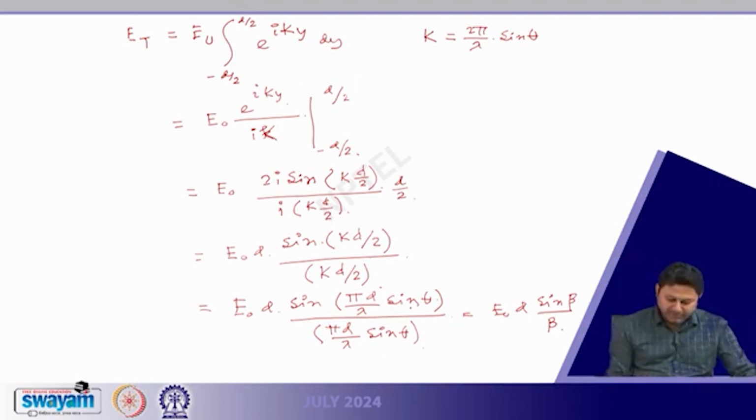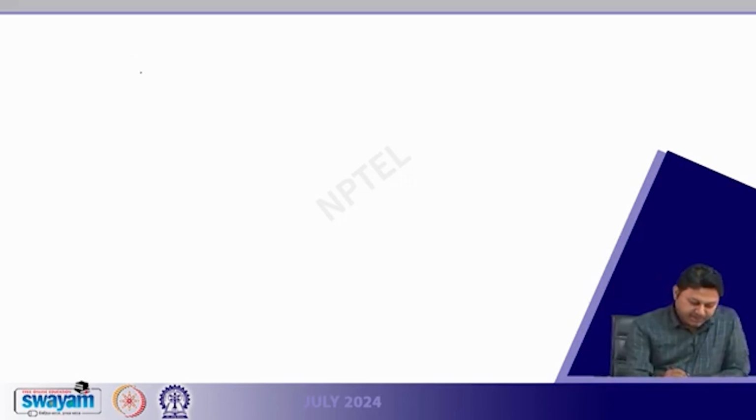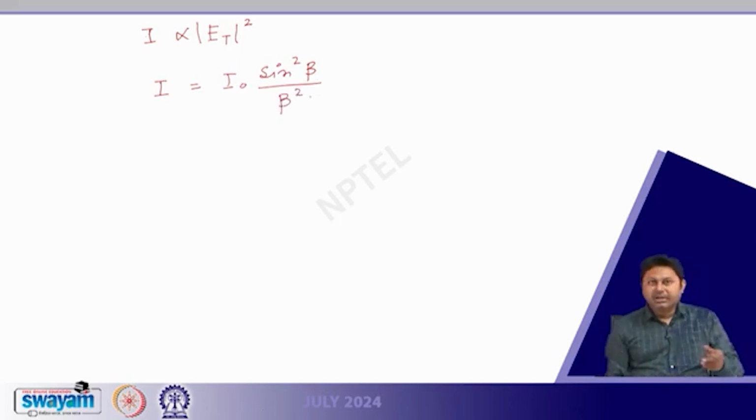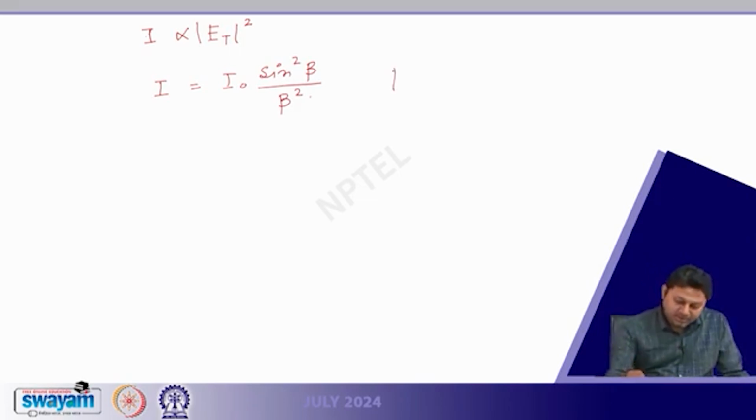So, after having that, I can write that my intensity should be proportional to the total electric field square of that. So, intensity can be written simply as I naught sine square beta divided by beta square, the same expression that we derived in the linear oscillator model, but here we did the continuous integral.